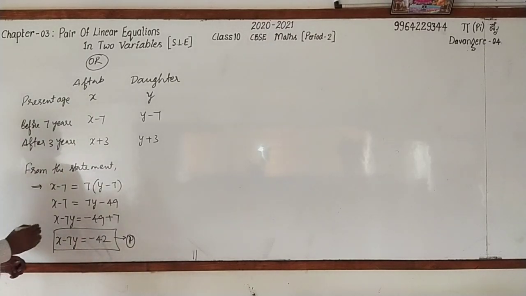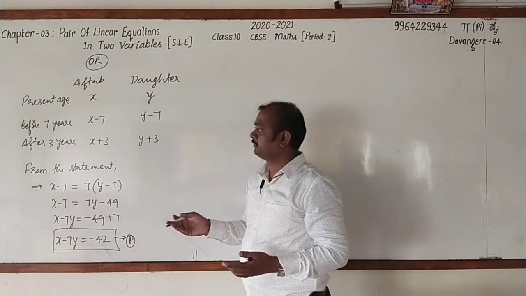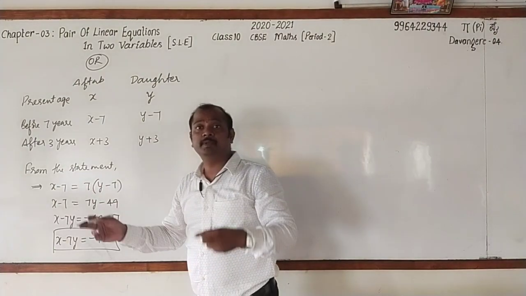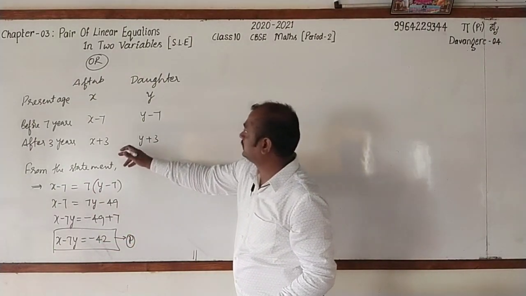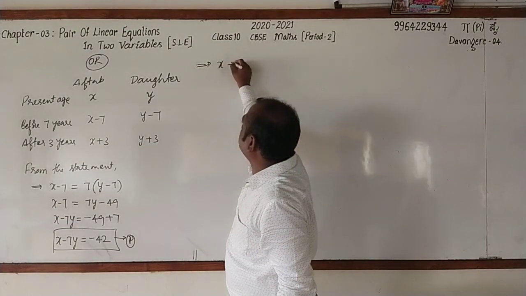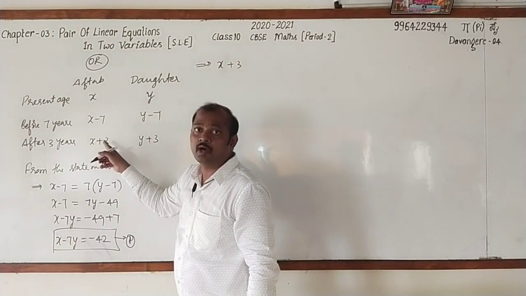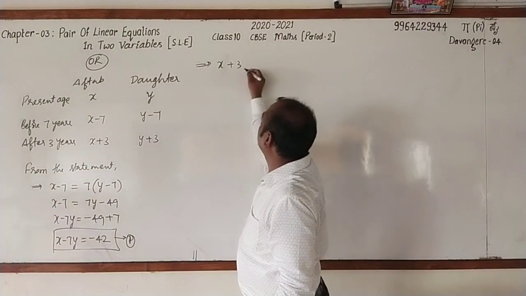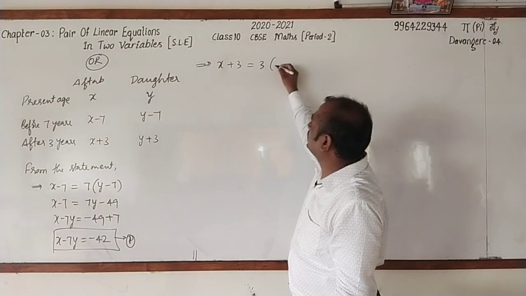This is the first one. And the second one, he tells that 3 years from now, I will be 3 times as old as you will be. Again from the statement, x plus 3 is the age after 3 years, then he will be 3 times as old as the daughter.